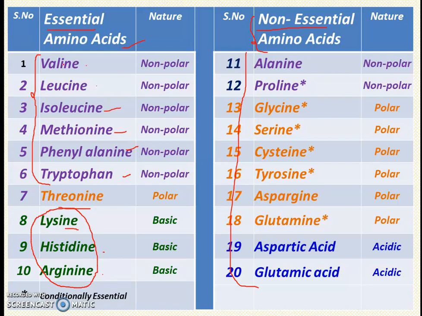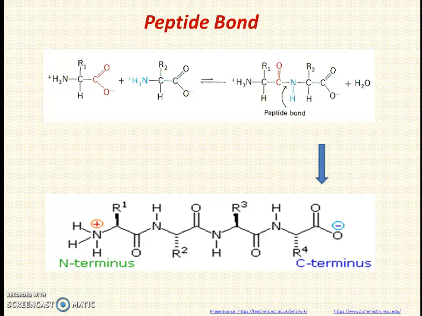Very easy to remember: valine, leucine, isoleucine, methionine, phenylalanine, tryptophan, then threonine, which is the only polar amino acid, and lysine, arginine, and histidine. Among these, arginine and histidine are essential amino acids only during the adolescent period. In grown-ups, they are non-essential amino acids.